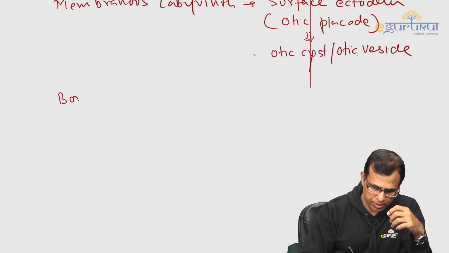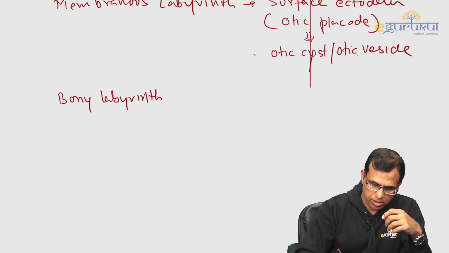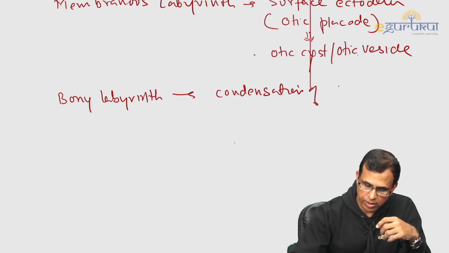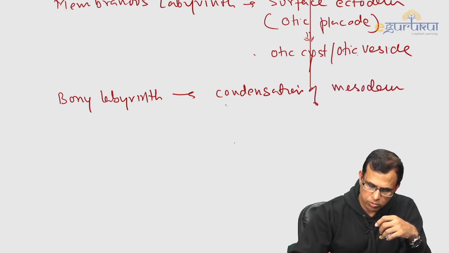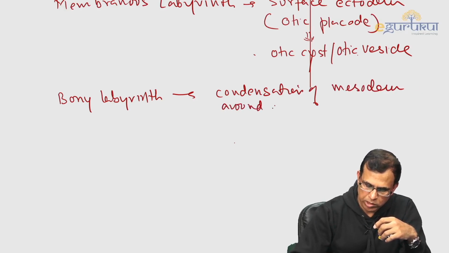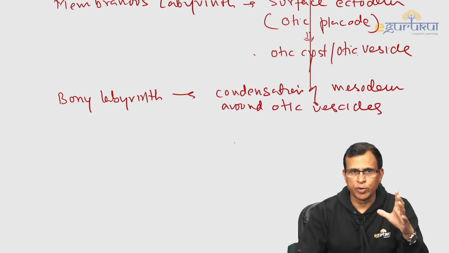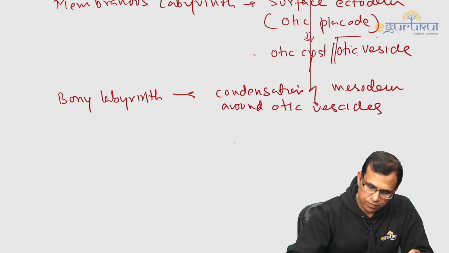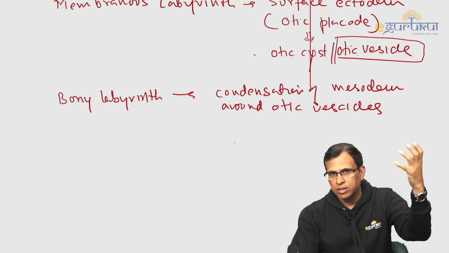So, our bony labyrinth is from the condensation of mesoderm around the otic vesicle.